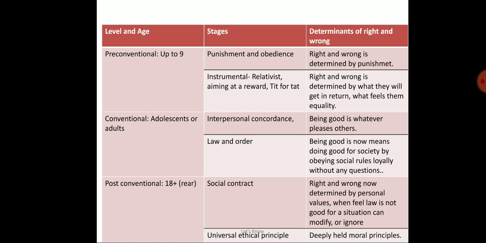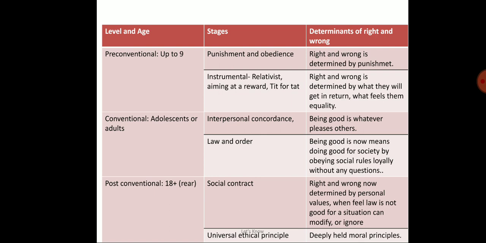In a particular situation, if you speak the truth, then a particular person will be in a very dangerous situation. So you simply tell a lie about that incident so that the person is relieved. This type of modification or ignorance is social contract.